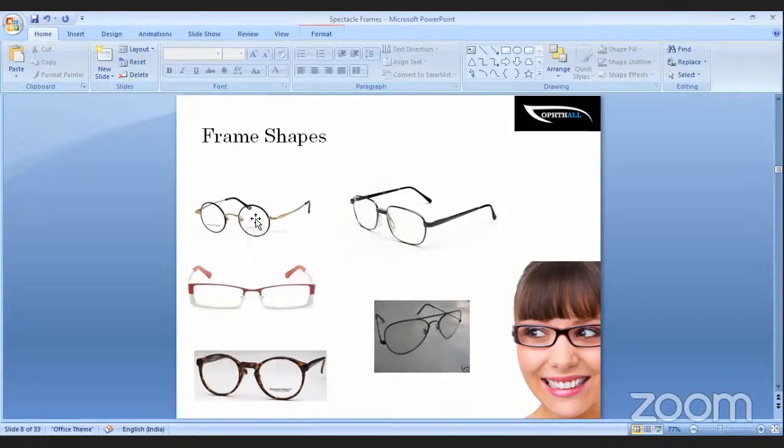In a round shape frame or this panto shape frame, a good optician will never like to fit a high cylindrical lens prescription, because the lens will have a tendency to rotate within the frame, which will change the axis on the eyes. So round shapes and panto shapes are usually not recommended for high astigmatic prescriptions. Square shapes are most ideal for all kinds of lens prescription.